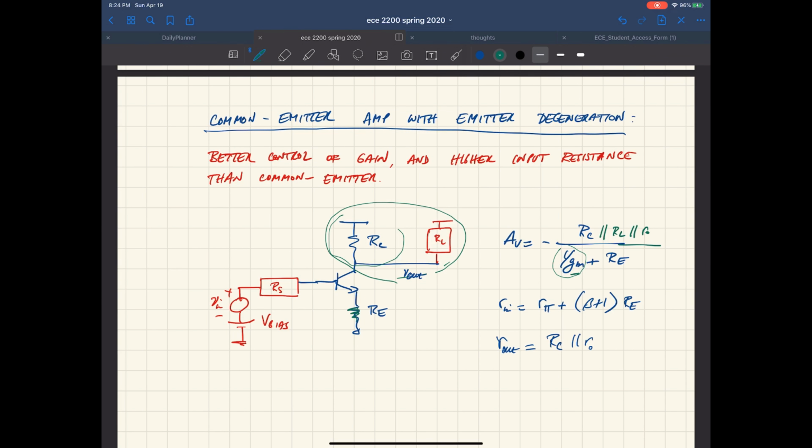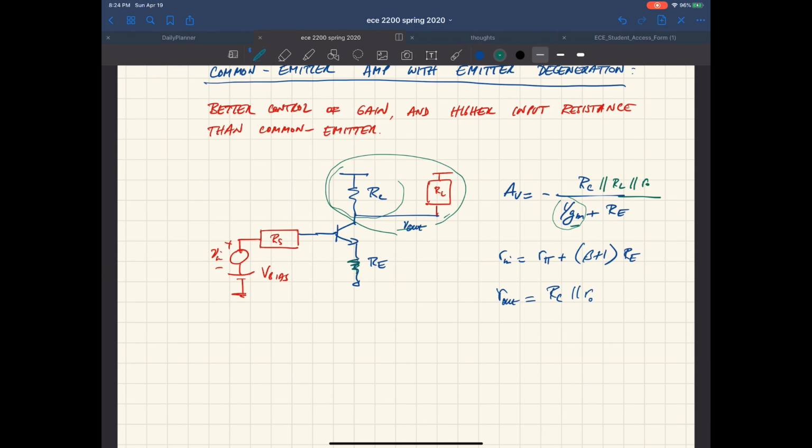Another nice thing about this degenerated amp is that the input resistance is R sub S plus beta plus 1 times R sub E. So again, you have R sub S going with this, but in this case, you not only have R pi, like the common emitter, but you have beta plus 1 times R sub E, and beta plus 1 is around 100.